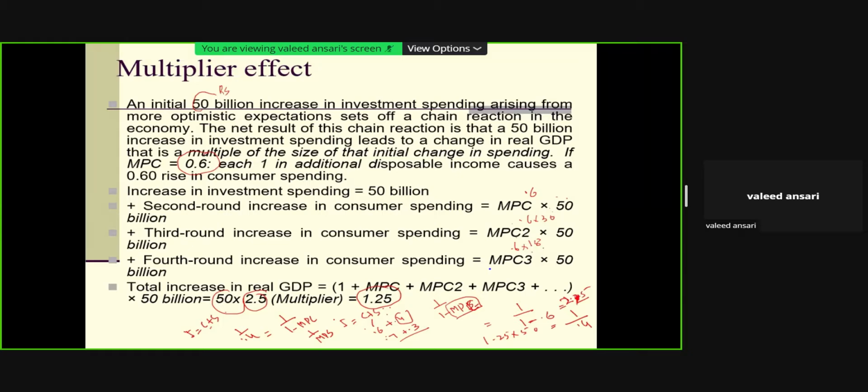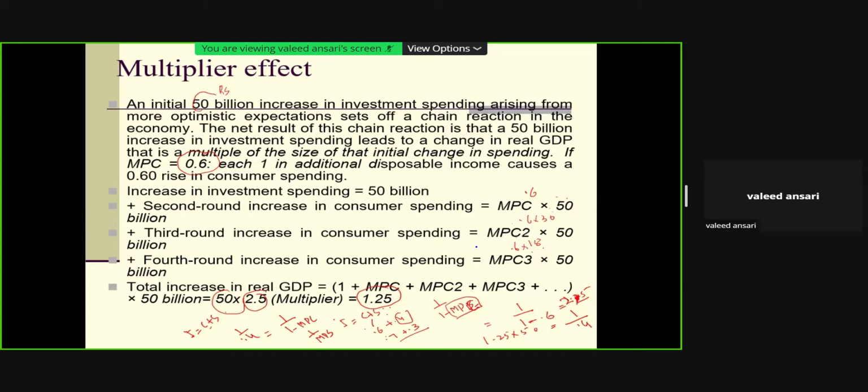The question of what is the size of the multiplier is also very important. For example, in the US economy, for a long time there was a debate about what the size of the multiplier is, for example when government spends 50 billion. There was a lot of disagreement about the size.